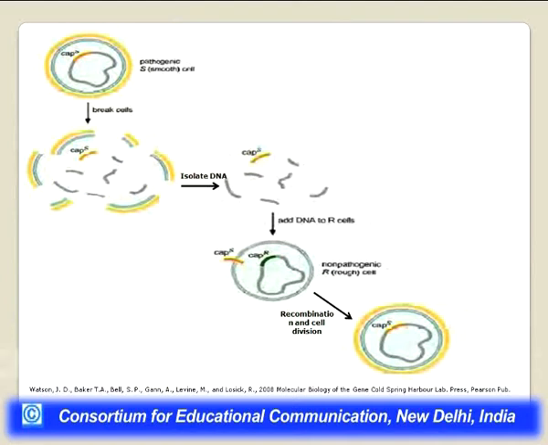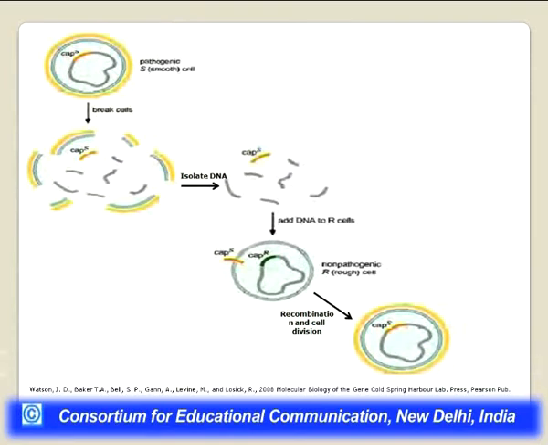So what they did was they isolated the cells and then isolated the DNA from them. They lysed the cells, they isolated the DNA, and the DNA probably contained a cap gene which was responsible for causing the capsulation, which was absent in the R strain but present in the S strain. So chemically they can find out that the presence of this cap gene can induce the formation of the capsule.